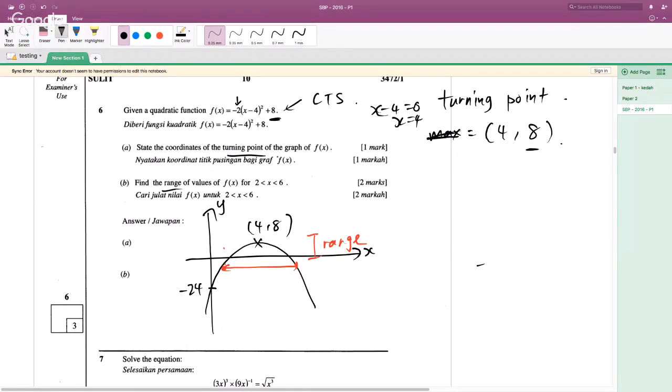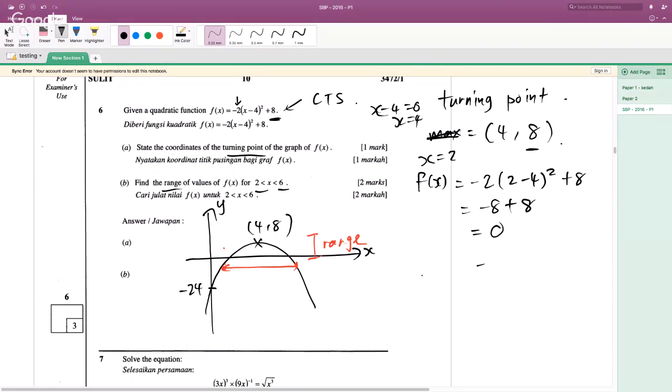Basically, you substitute 2 and 6 into the equation to find f(x). Let's say x equals 2. So negative 2, then 2 minus 4 squared, plus 8. Negative 2 times 4 is negative 8, plus 8, so you get 0.